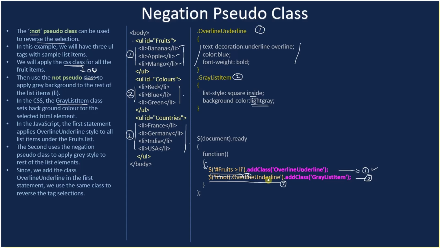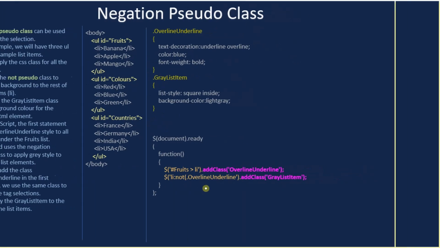You can see that here, right? And based on this overline, underline which we added in the previous line, we select the element, right? Then we reverse the selection, and after that we add the class gray list item. Then apply gray list item to the resulting elements. So 7 is returned and we apply gray list item.